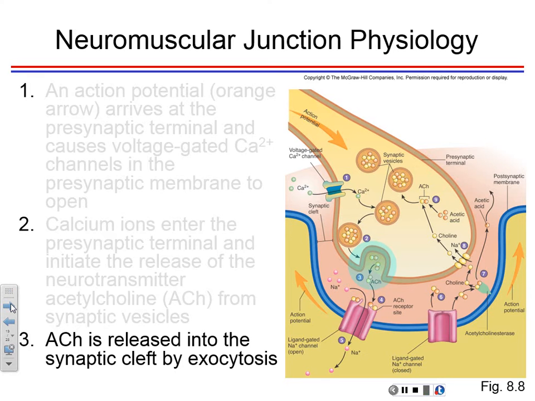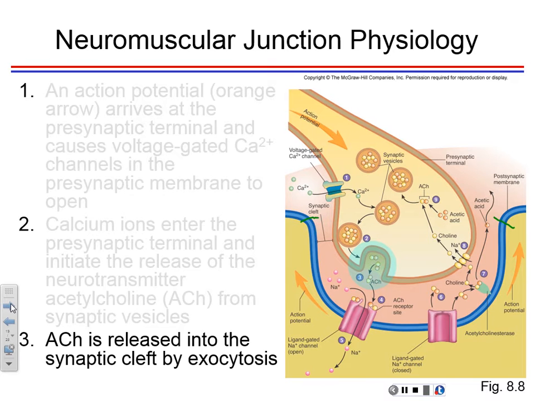Then, after they become sticky and stick to the membrane, the exocytosis occurs, and acetylcholine, you see, acetyl and choline together, is released into the synaptic cleft, and because they are so close together like that, they go and attach. So this is the motor end plate.